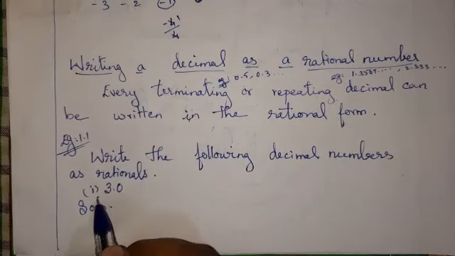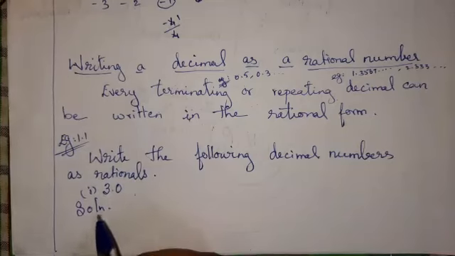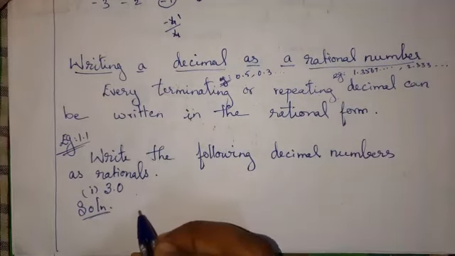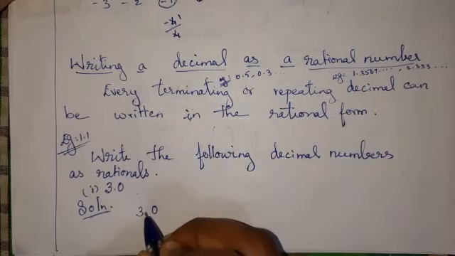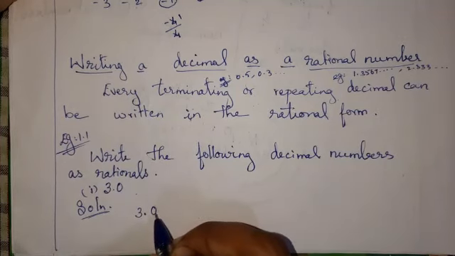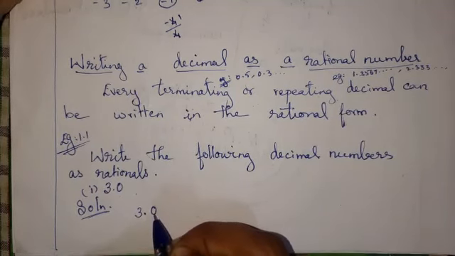Our first question, 3.0. See here, 3.0, see the decimal. After the decimal, how many digits are there? Only one digit.